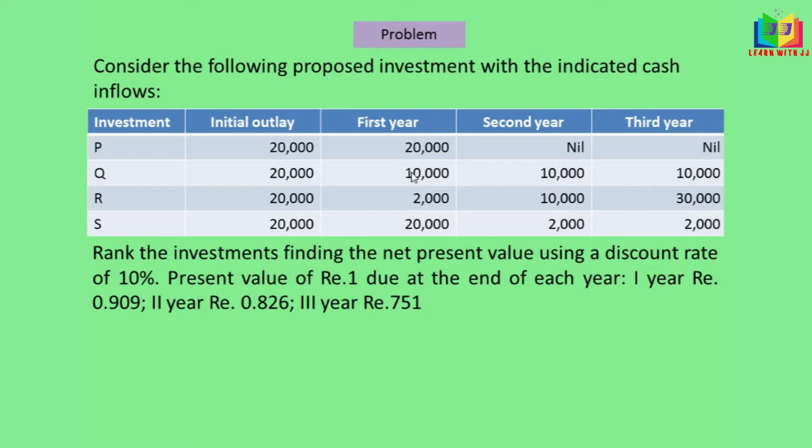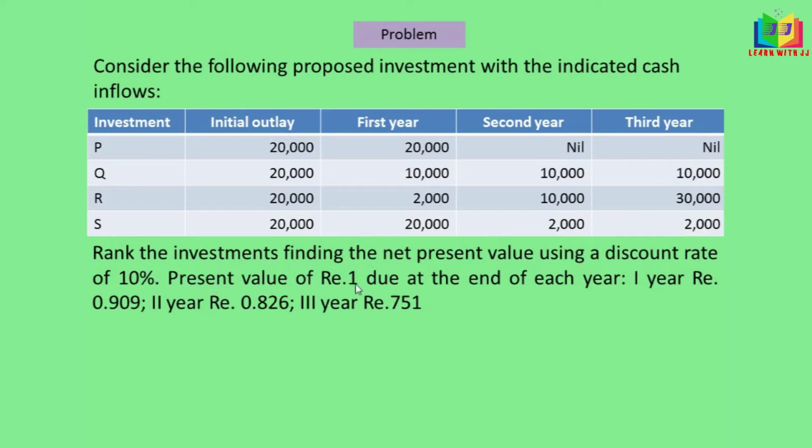For Q, first year 10,000, second year 10,000 and third year also 10,000. For R, 2,000, 10,000 and 30,000. And for S, 20,000, 2,000 and 2,000. Rank the investments by finding the net present value using a discount rate of 10%.